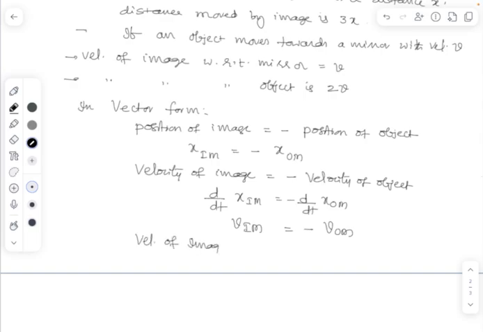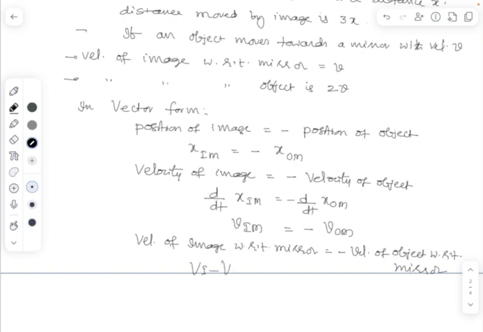Velocity of image with respect to mirror equal to minus velocity of object with respect to mirror.